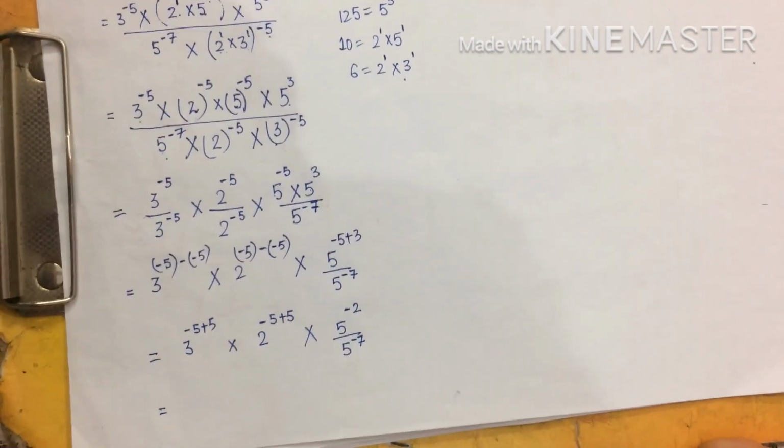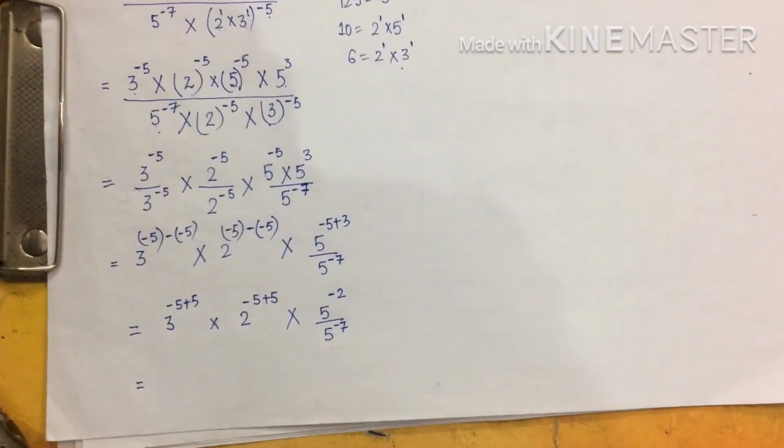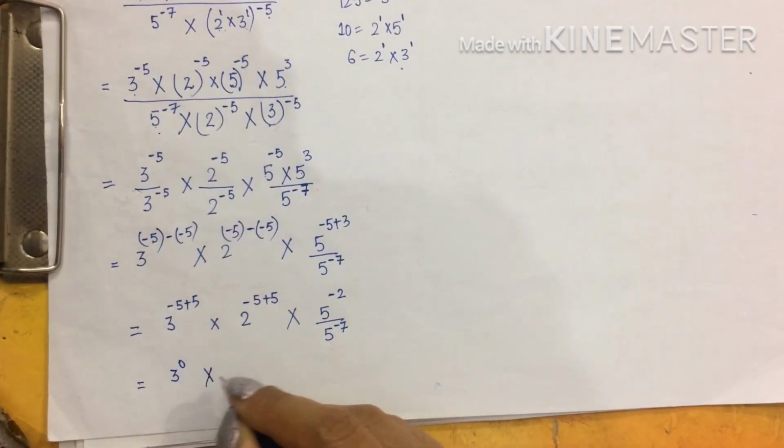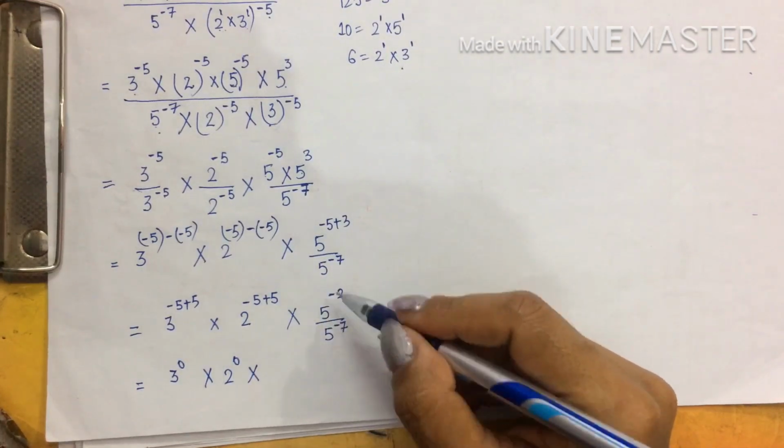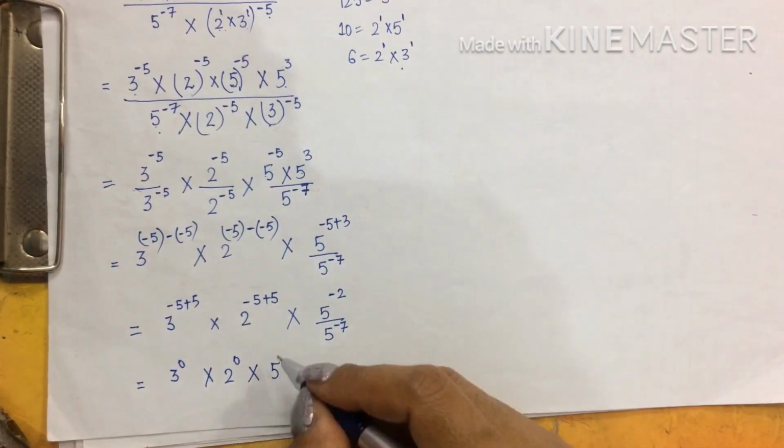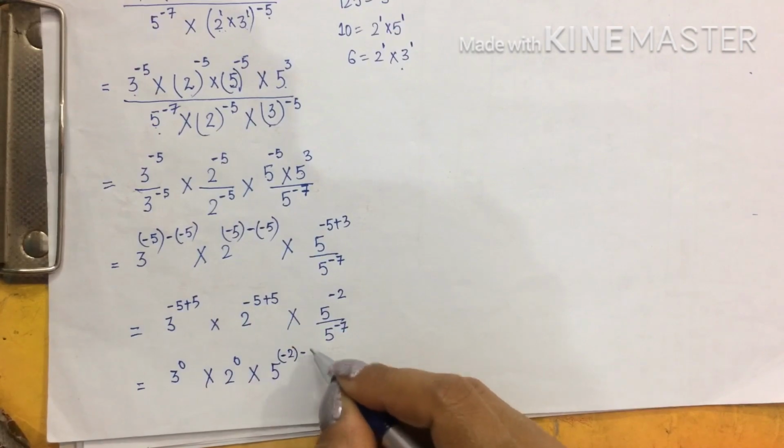So further, this can be written as 3 raised to the power 0 into 2 raised to the power 0 into, applying the law here, division, base is 5, the powers will be subtracted.